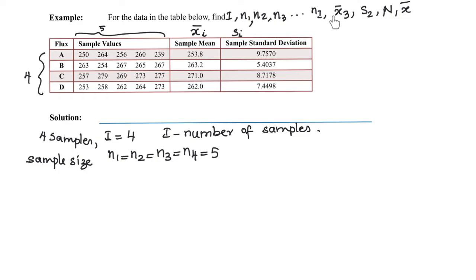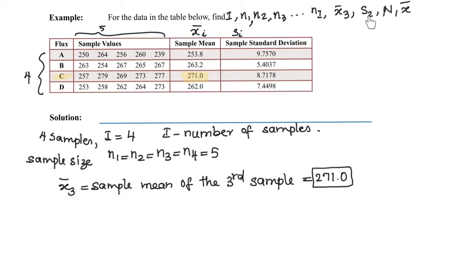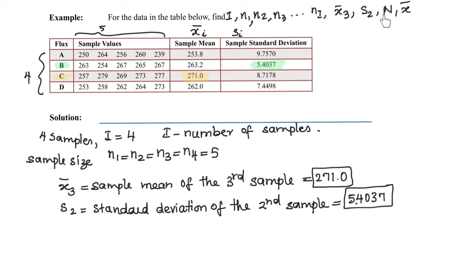X3 bar means the sample mean of the third sample. This is the third sample. The sample mean is 271. S2 means the sample standard deviation of the second sample. So that is 5.4037. N is the total number of all samples. That means N equals 20.